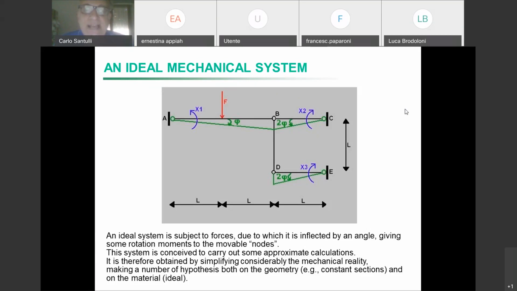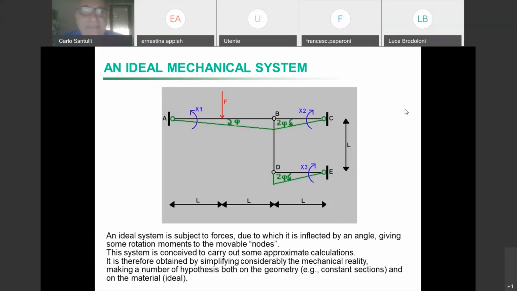Basically, I apply this force F, and of course the structure, which is A, B, C, D, E, is a generic structure which doesn't belong to any object to start with, but it's useful to make calculations. I apply that force, and you can imagine easily, even if you don't know anything about materials, that the beam, that line, will bend. That line will go down, which is an expression of the fact that the beam will bend.